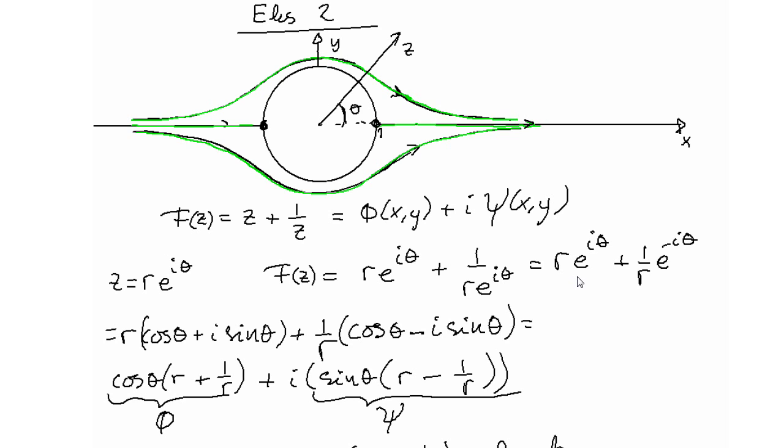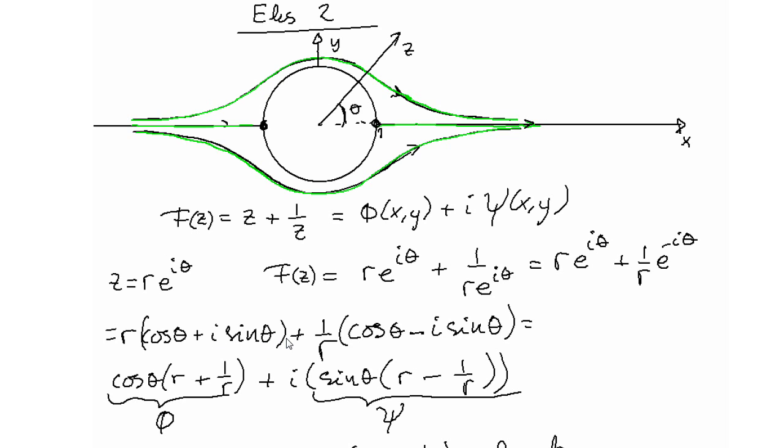Using the Euler formula, which is very well known, I hope you already have discovered it, it tells that this exponential value of i theta is just the cosine of theta plus i sine of theta.